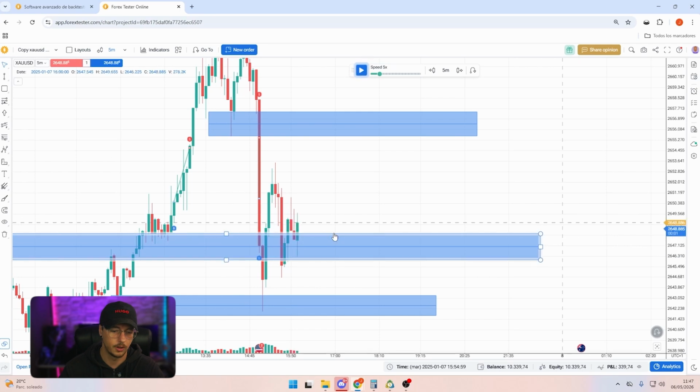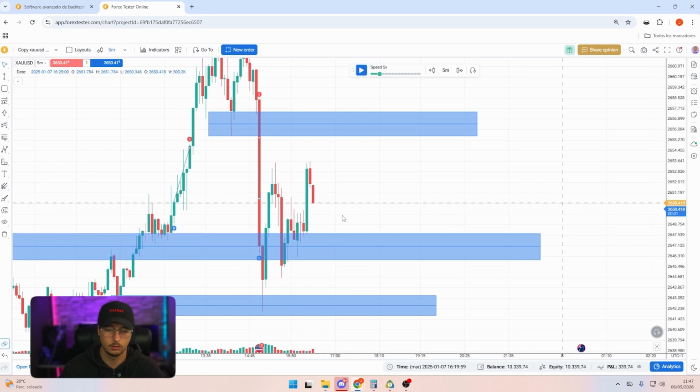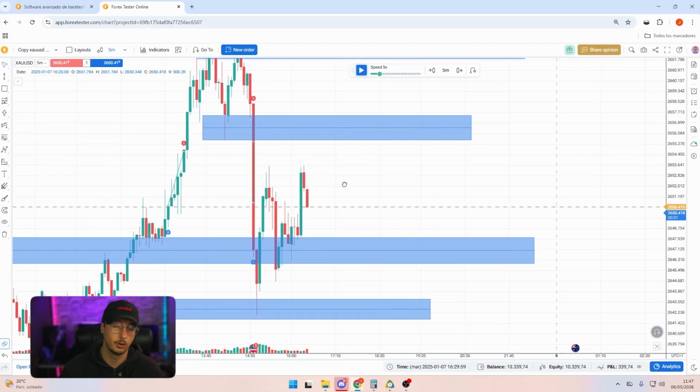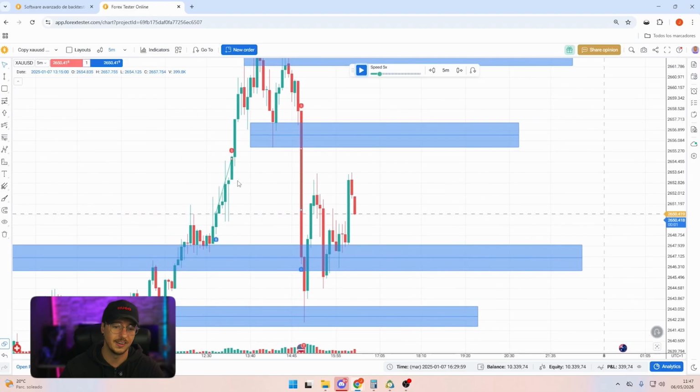So that's something that I would take in consideration, because we could enter here, but at the end of the day we don't have much range here, so it's not very intelligent to risk all this just to get this small movement here, especially at the end, because we've already made 2 profits in the day.